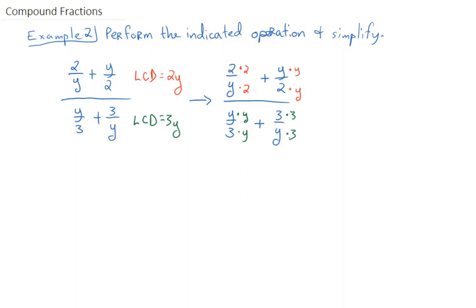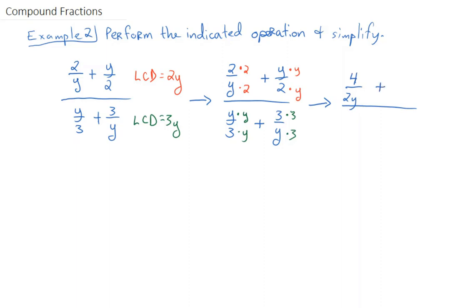So now I have all the pieces that are missing written in, and now I'll just go through and do the computations. So starting with the top, the first fraction in the numerator will simplify to a 4 over 2y. Now I'm just putting the 2 in front of the y because that's the normal way of writing it.